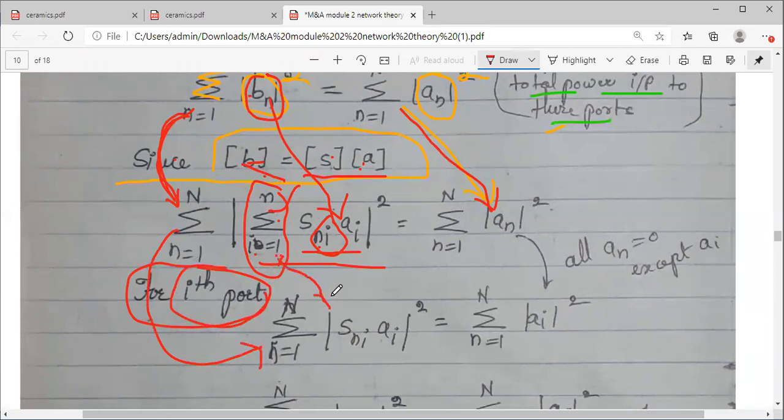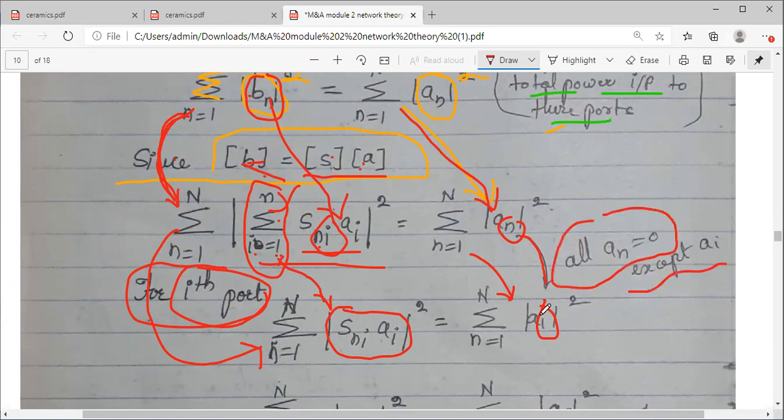And in RHS, you can see I have changed this N to I, because I am considering the ith port. So it will be Ai whole square. So all Ai, An will be equal to 0 except Ai.